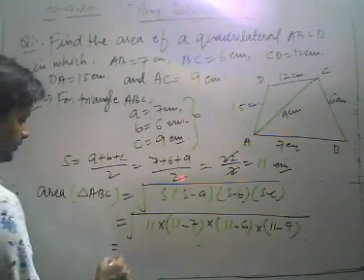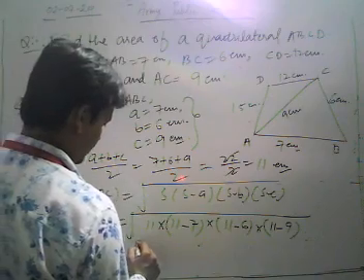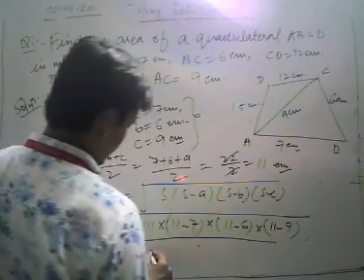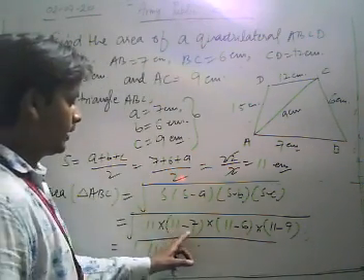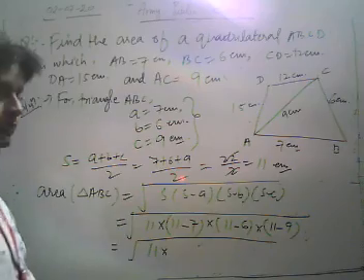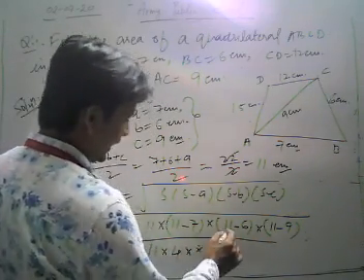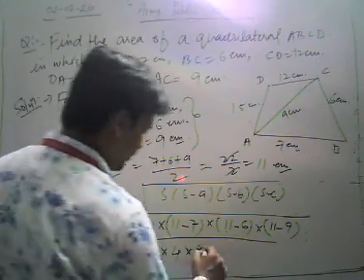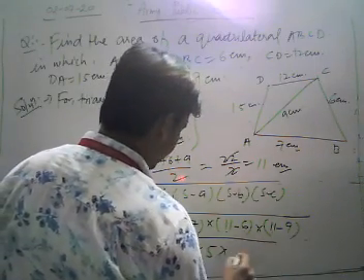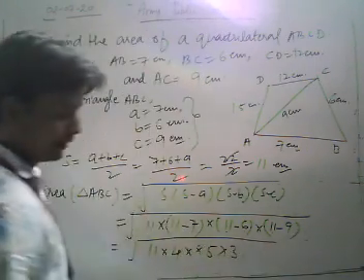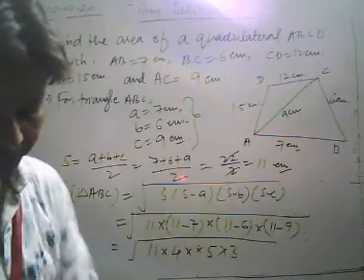Now let's see. 11 minus 7 is 4. 11 minus 6 is 5. 11 minus 9 is 3.